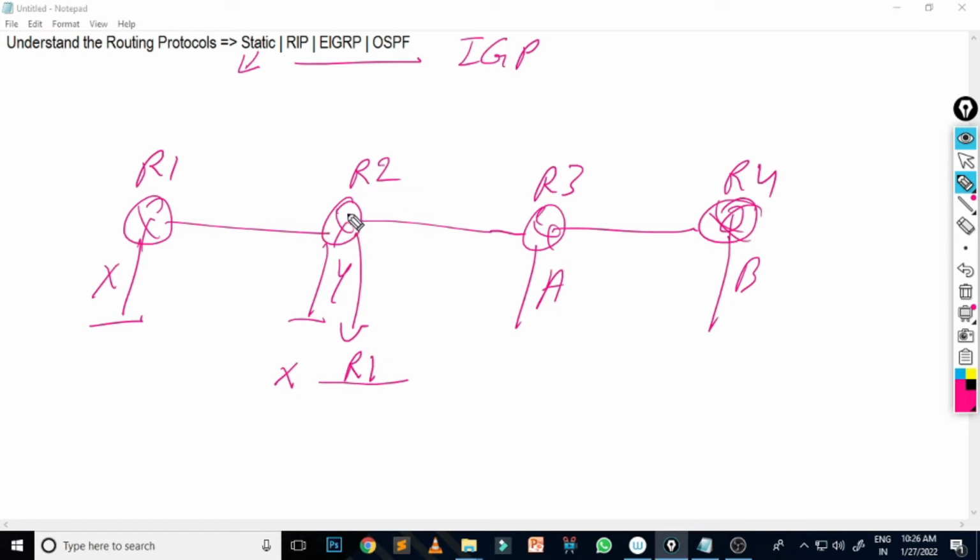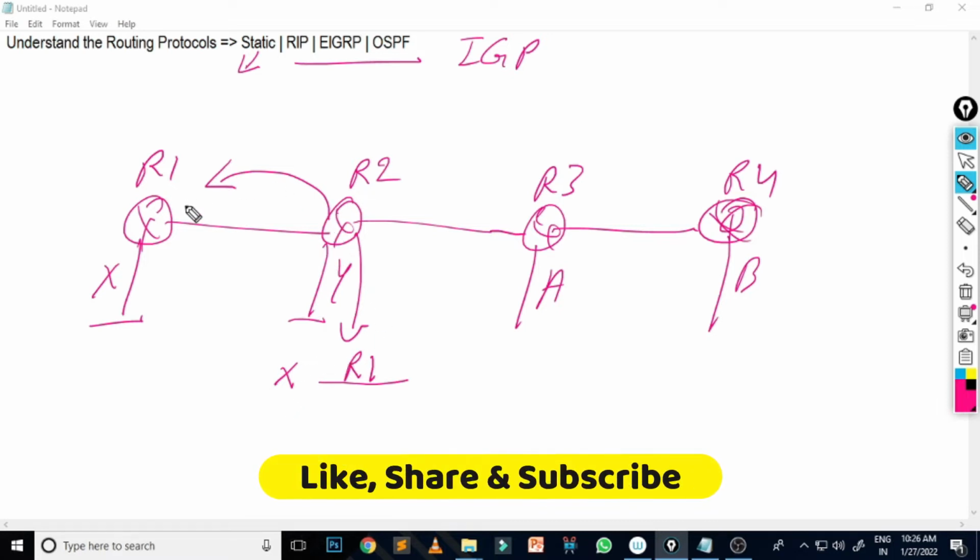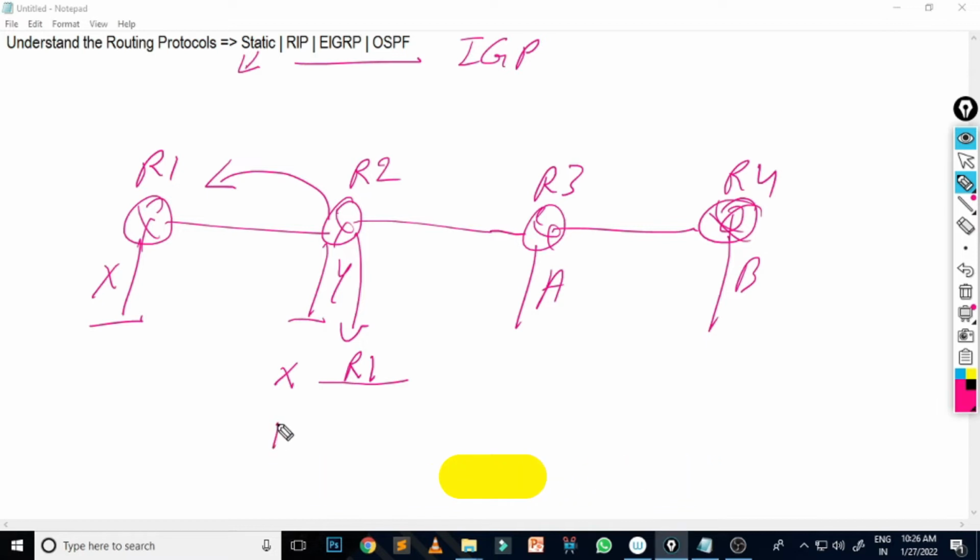So when we configure on router number 2, we need to also define the direction: the X network is available towards the R1 side, router number 1. So whenever router number 2 receives data for the X network, it will redirect that data to router number 1. If we are going to configure the A network on router number 2, then again we need to configure in which direction this A network is available, right?